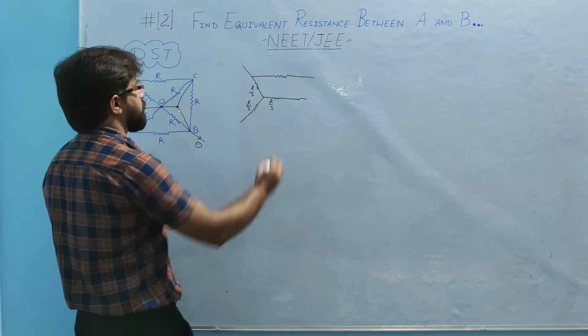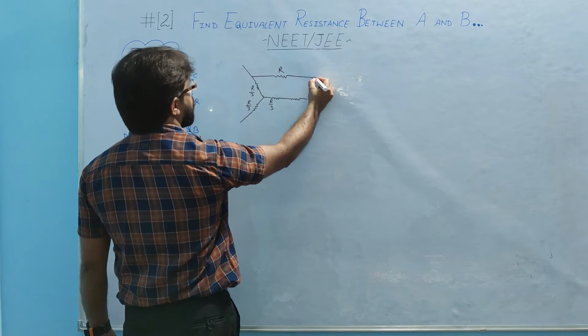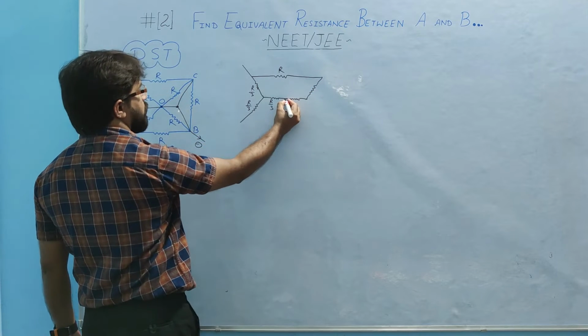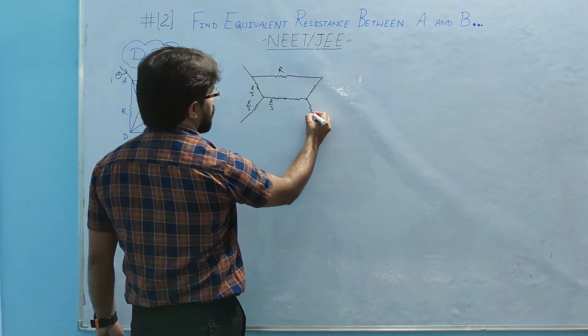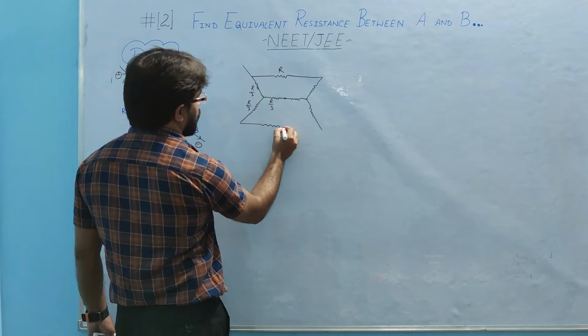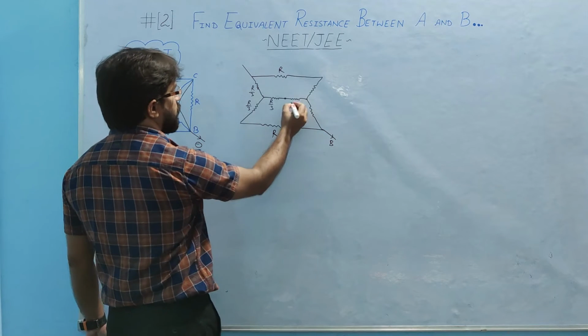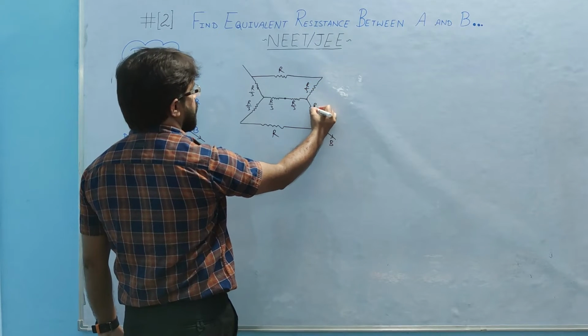Now this is still R. Here also 1, 2, and this is 3. Here this is still R. This is R by 3, R by 3, R by 3.